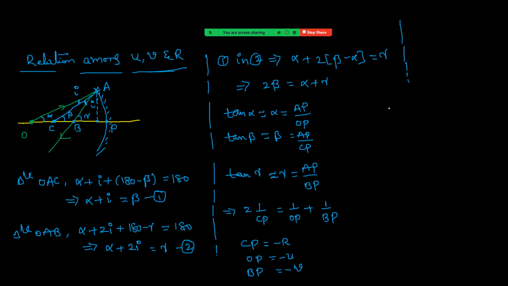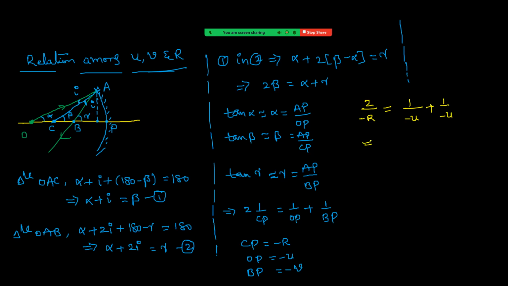So finally, let's see what we got. Substituting those values, 2 upon, in the place of CP, minus R, that is equal to 1 by, in the place of OP, minus u, in the place of BP, minus v.